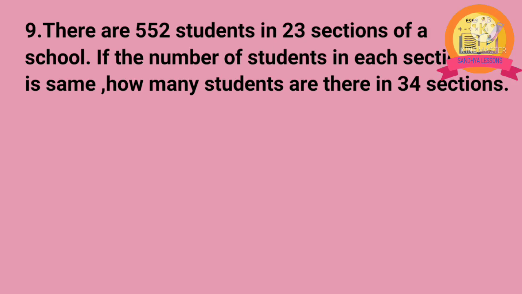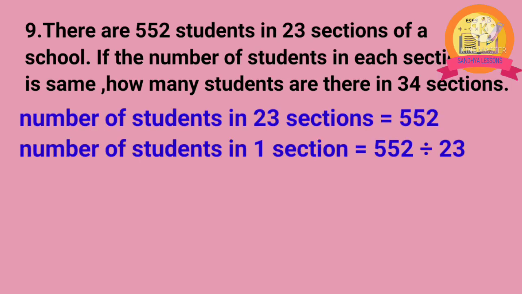Ninth problem, there are 552 students in 23 sections of a school. If the number of students in each section is same, how many students are there in 34 sections? In the question, the number of students in 23 sections was given. We have to find out the number of students in 34 sections. Solution is, number of students in 23 sections is equal to 552. Number of students in one section, we can get this by dividing 552 by 23.